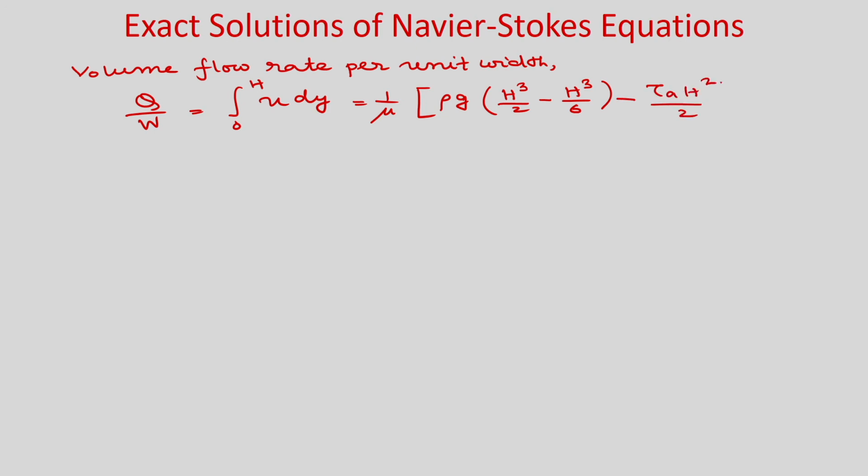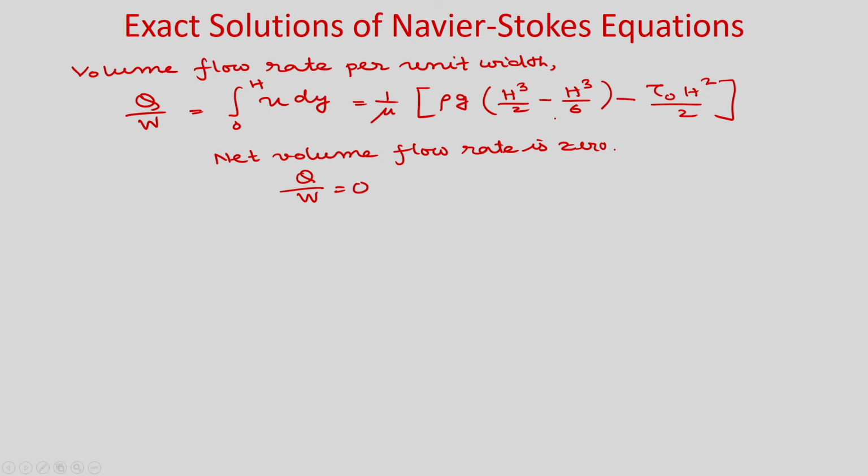Okay. So, we know that net volume flow rate is 0. So, we have to find at this condition what is the value of tau naught. Okay. So, that means Q by W is equal to 0.